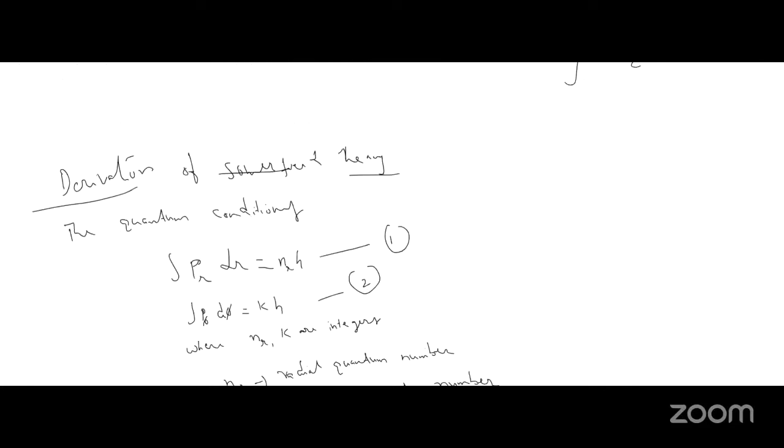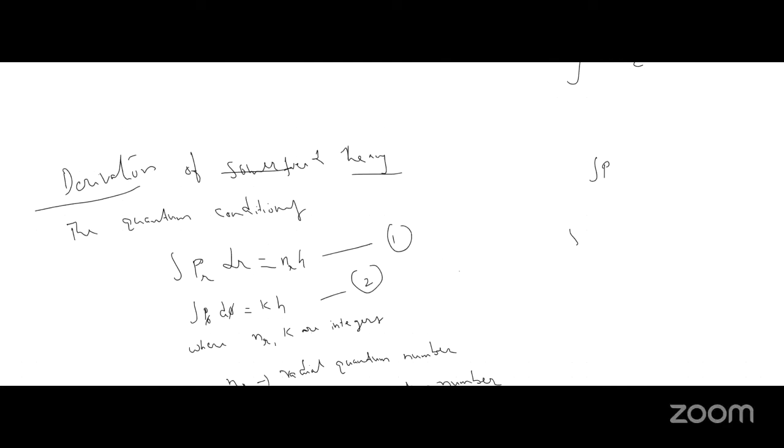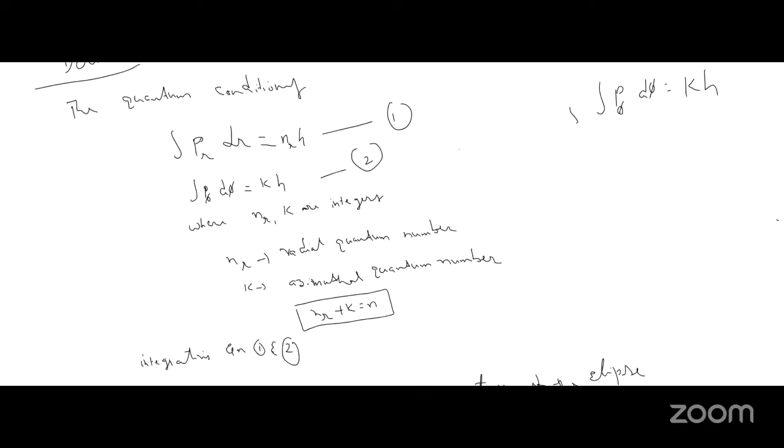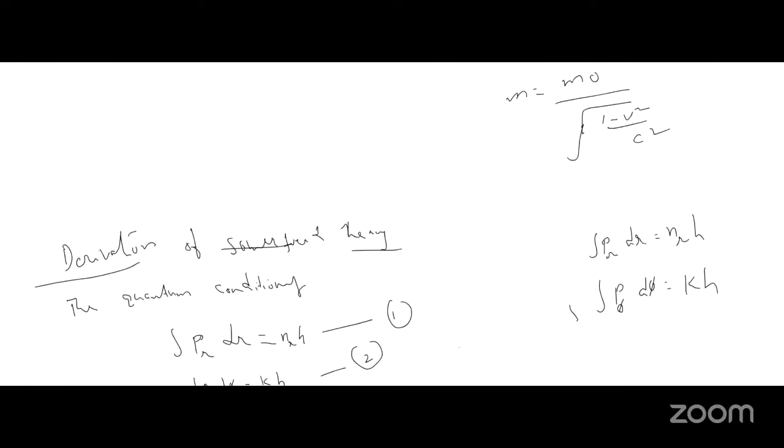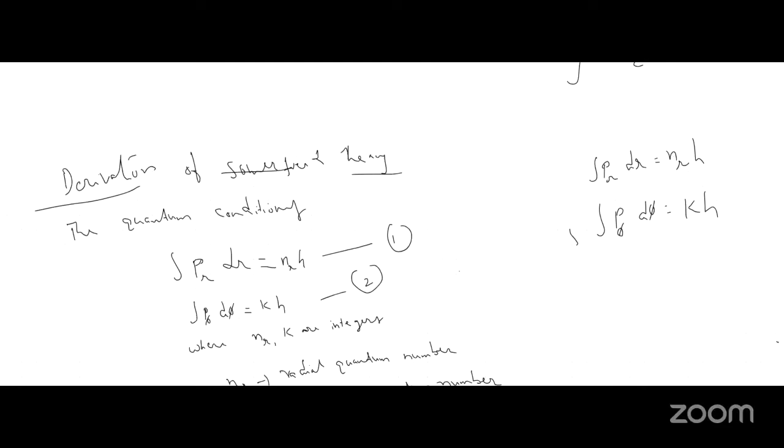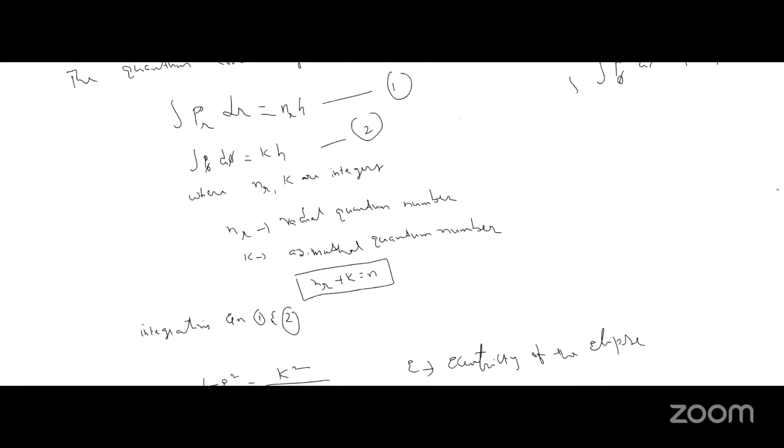Next, the derivation of Sommerfeld theory. In the derivation, first I took two equations: integral of p of r dr equal to nr times h, and integral of p of phi d phi equal to k times h. From these two, after integration, I wrote one equation in terms of eccentricity. I take nr plus k equal to n.